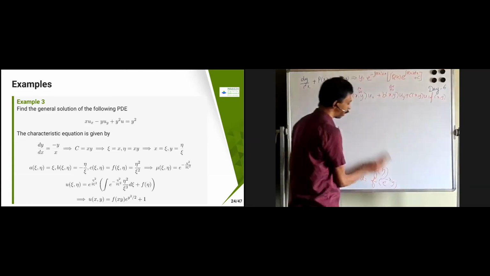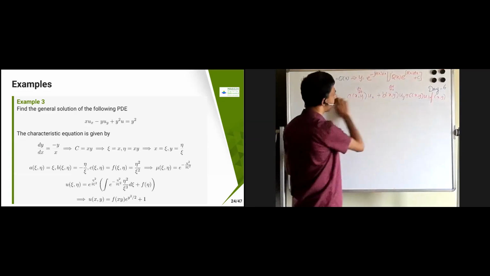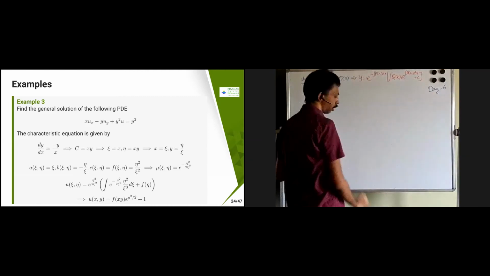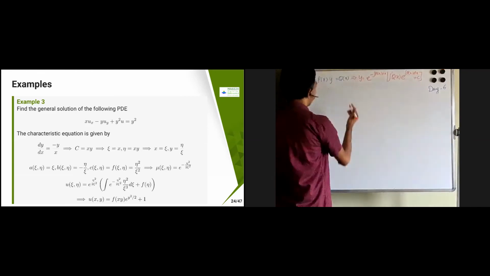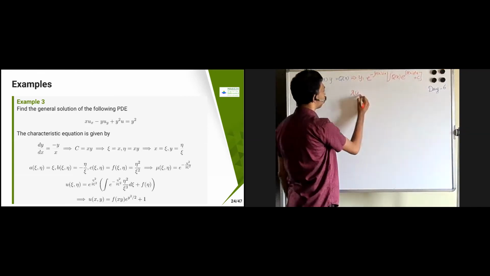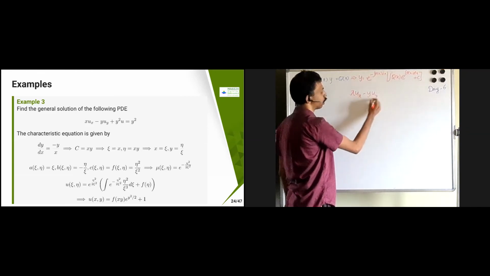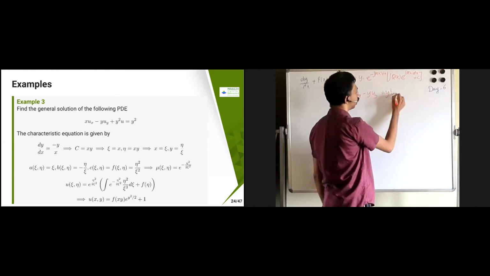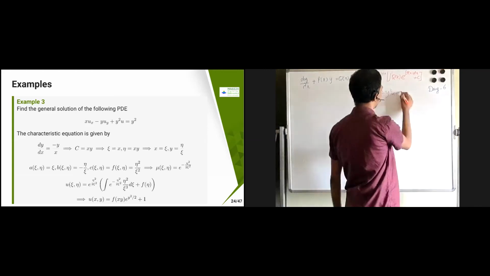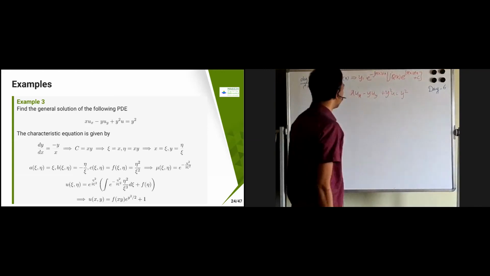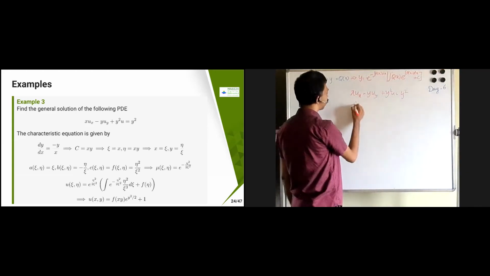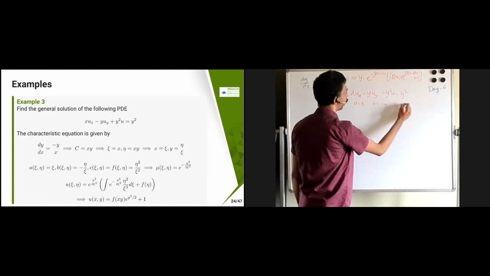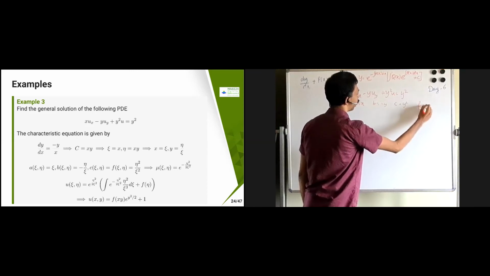Again you need to find your dy by dx. So my equation is x u x minus y u y plus y square u equal to y square. So what is my a? a is x, b is minus y, c is y square, f is also y square.